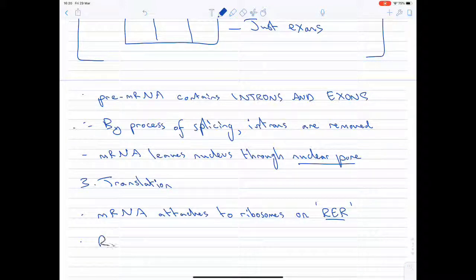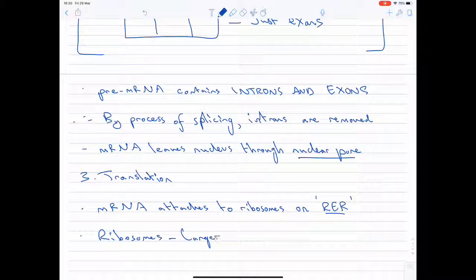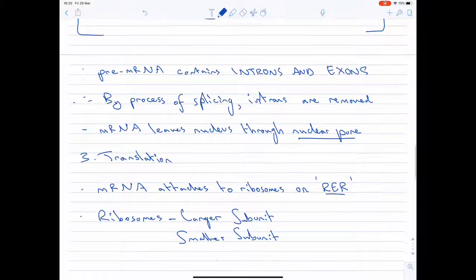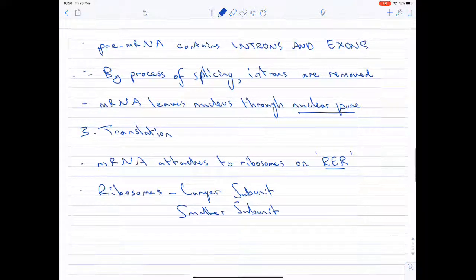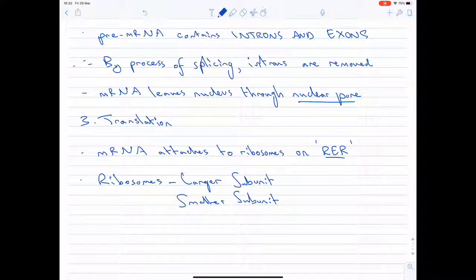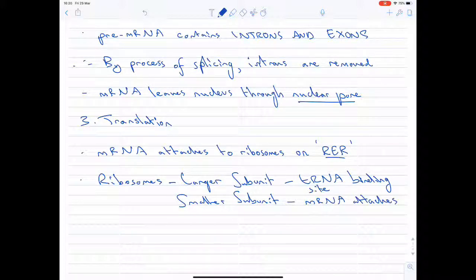Obviously ribosomes, in terms of their actual structure, have a larger subunit and a smaller subunit. It's the larger subunit where you have the tRNA binding site. And the smaller subunit is where the mRNA attaches.